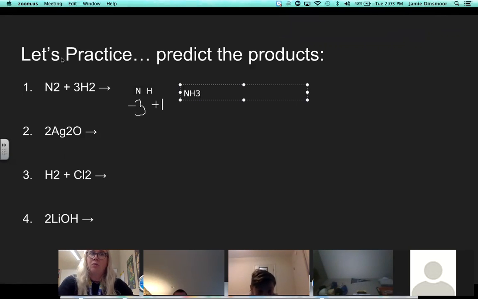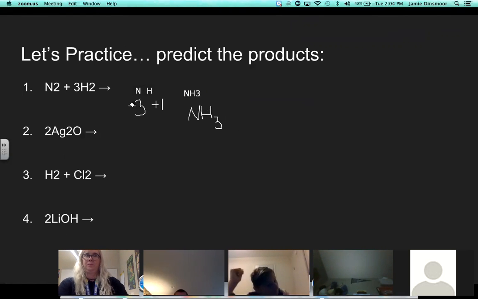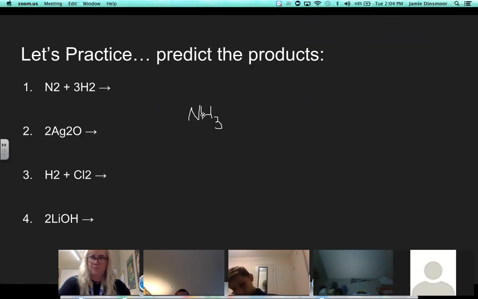If you wrote that out by hand, or if you took the time to do subscripts, which I don't because I'm pretty lazy, we would have our 3 down here as our subscript. Okay, so are we done? We created our synthesis compound here, but are we done? Is our equation balanced? It is not. So how can we balance our equation?